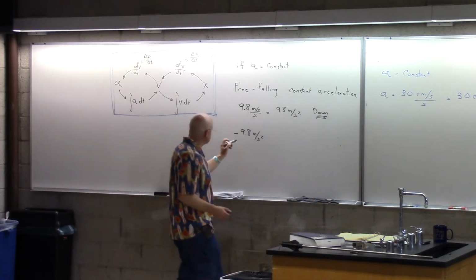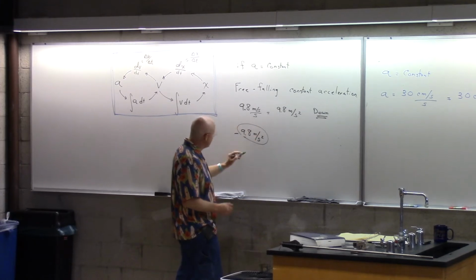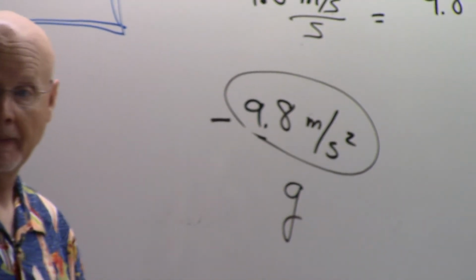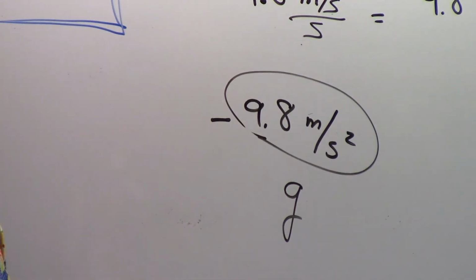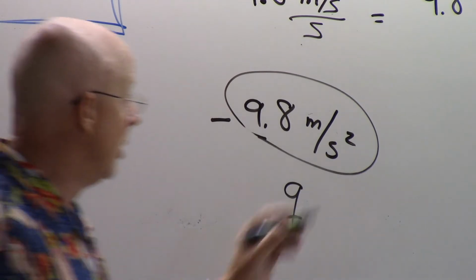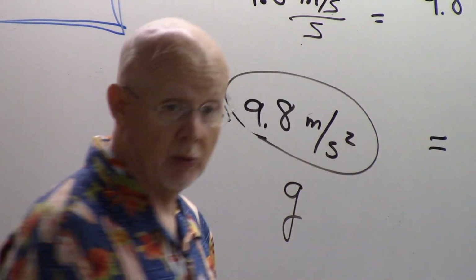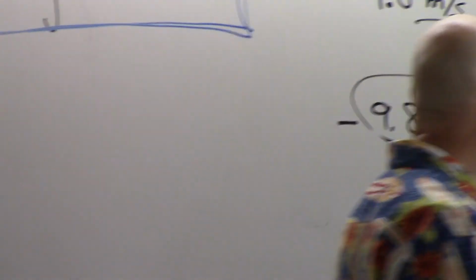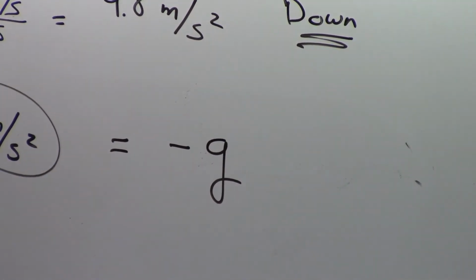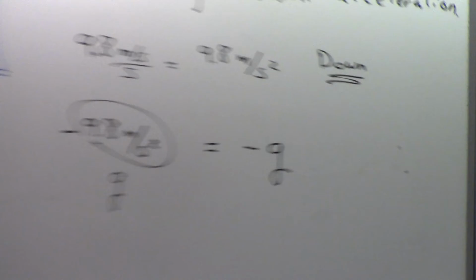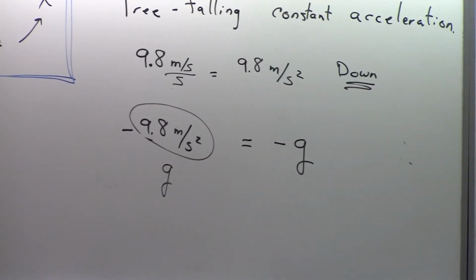Now, I'll also point out this. We use this number so much that we like to call it G. But I also want to emphasize G does not include the negative. So the symbol we will use when we drop something is negative G. The G does not have a negative in it.